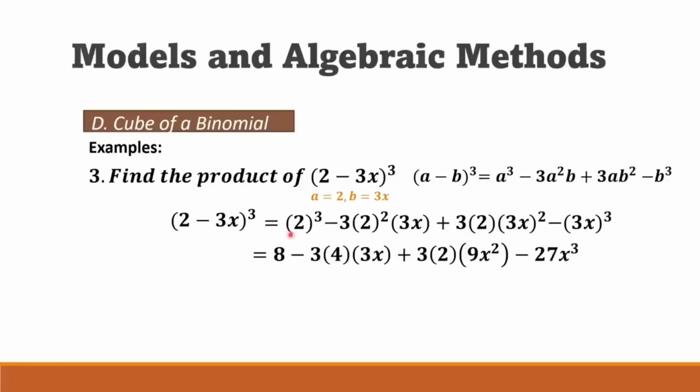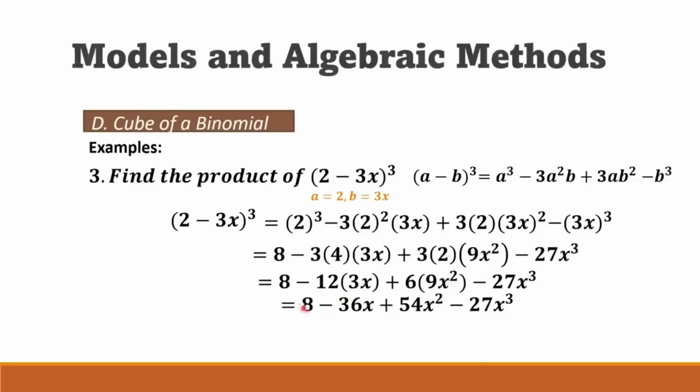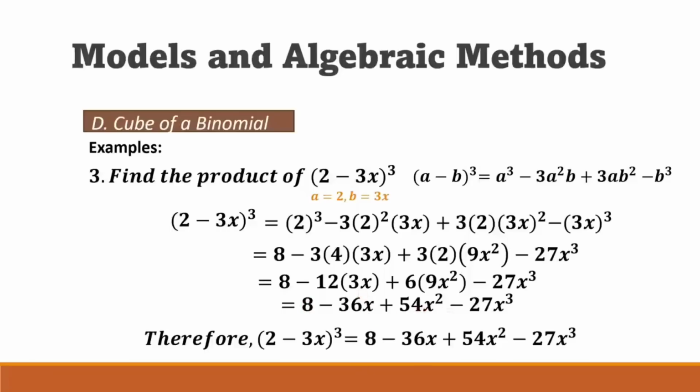Simplifying further, this is 8 minus 3 times 4 times 3x, plus 3 times 2 times 9x squared, minus 27x cubed. That is 8 minus 36x plus 54x squared minus 27x cubed, which is equivalent to the cube of 2 minus 3x.